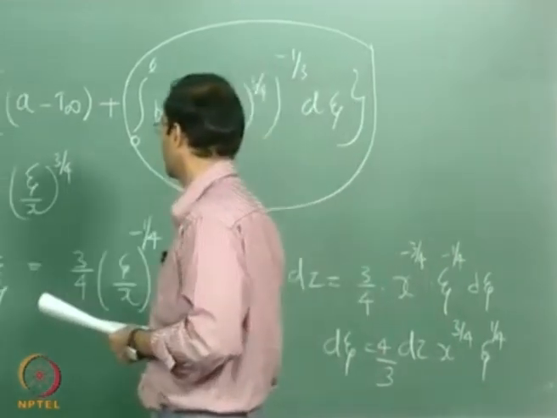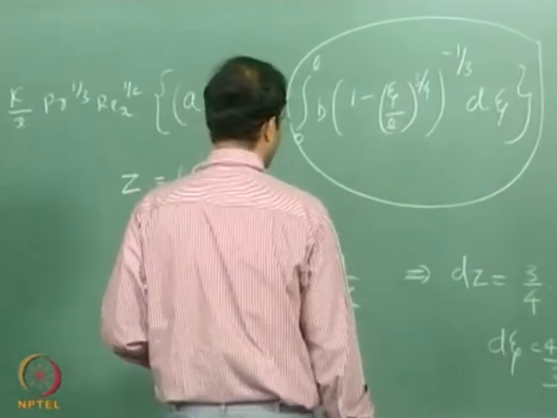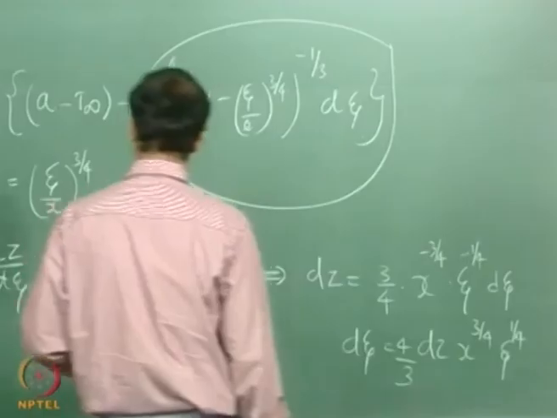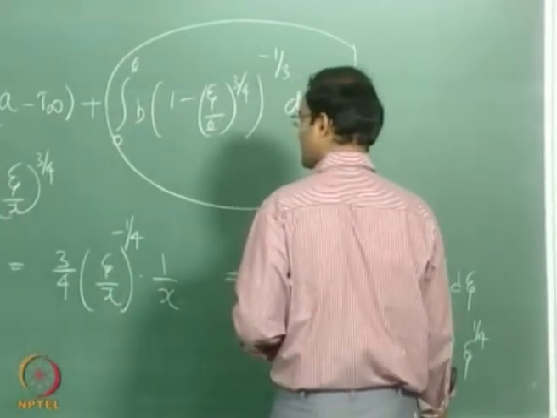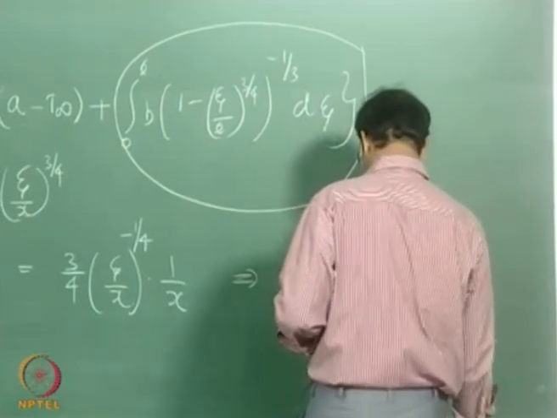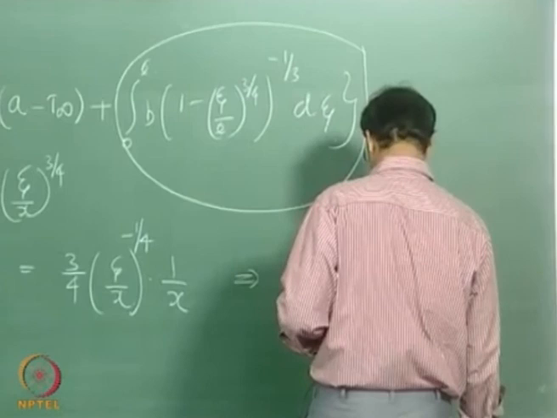So zeta by x, I can write this as 1 by 4, x to the power minus 3 by 4.